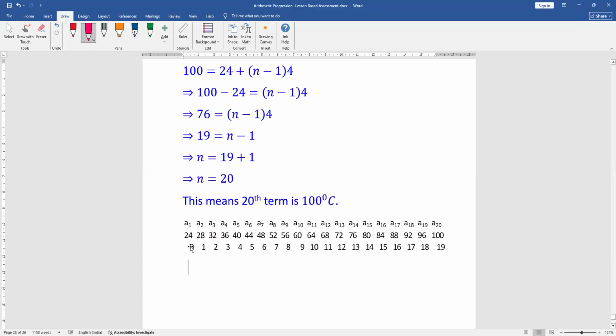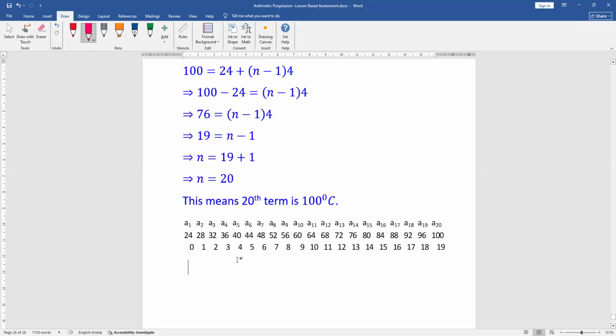I'm taking A1 as 0, so that is at the 0th minute. Then after 1 minute it will be 28. Next, after the second minute it will be 32, like that. It is increasing. Then after the third minute, it will be 36, like that.